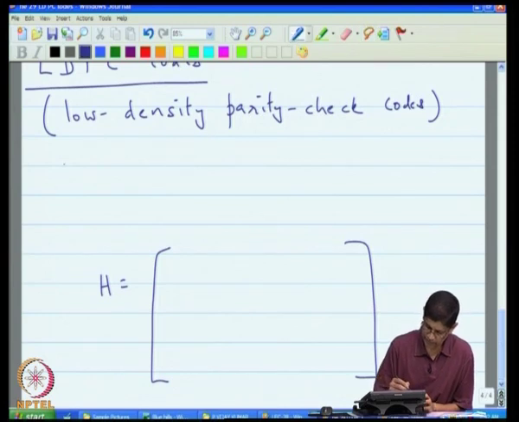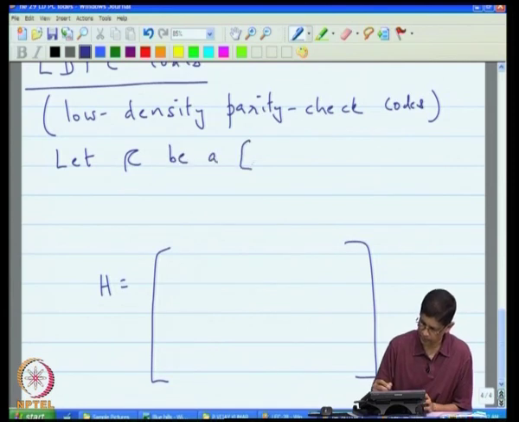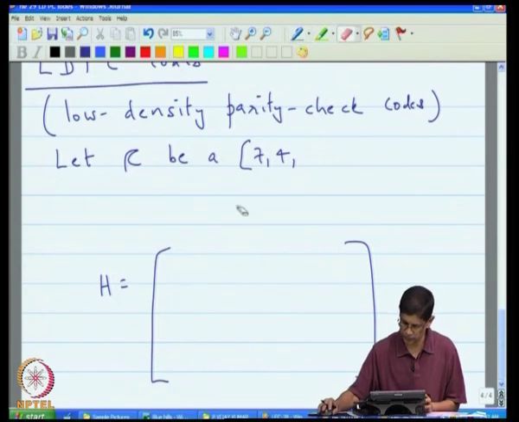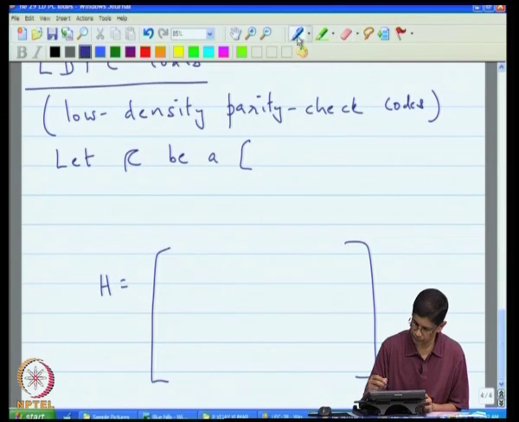Let C be a (7,4,3) or more generally an (n,k,d) linear block code.